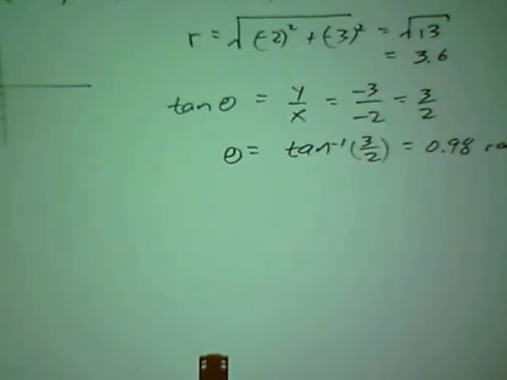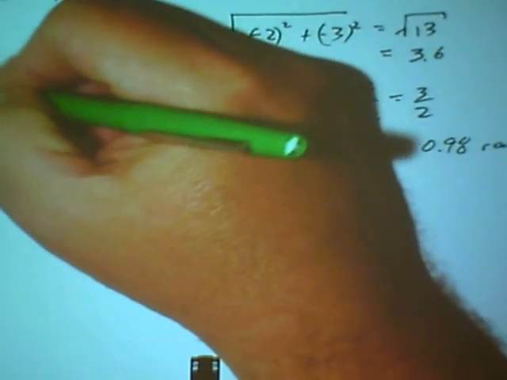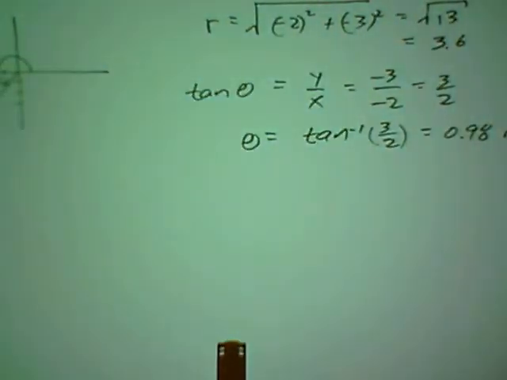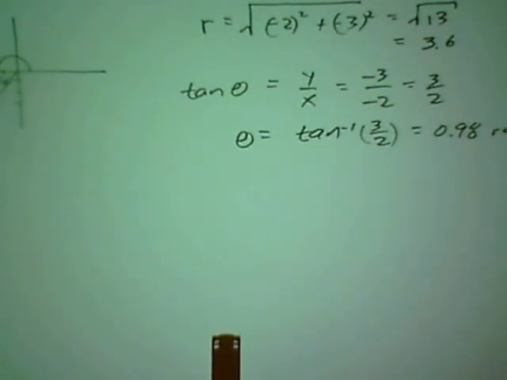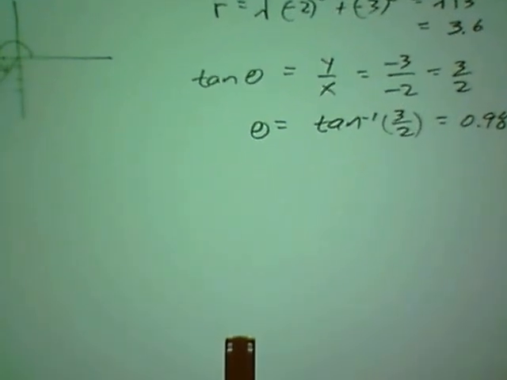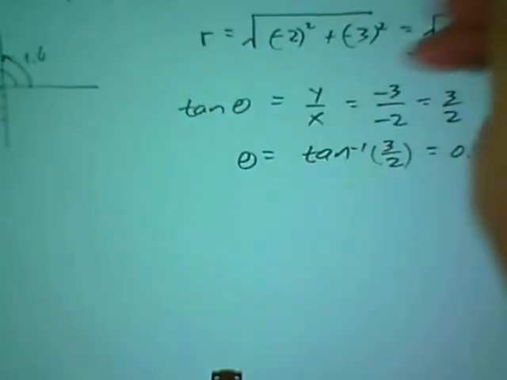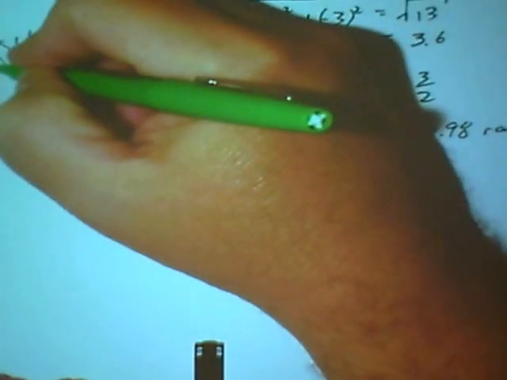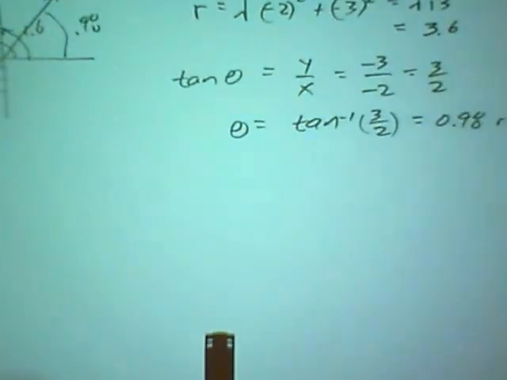Now you think about that. That's definitely not this angle. Where is 0.98 radians? Well, pi over 2 is 1.6, which is here. Now this is one of those things where what's happened is we've got the other side. That distance right there is 0.98 radians.